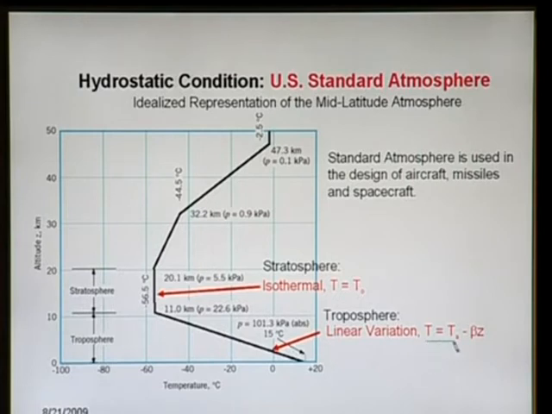The linear relationship is defined with the help of T, where T as a function of Z is equal to T naught minus beta into Z. T naught means temperature at the sea level. Z is altitude. Beta is known as the temperature lapse rate. So, as we go upward, the temperature is continuously reducing.